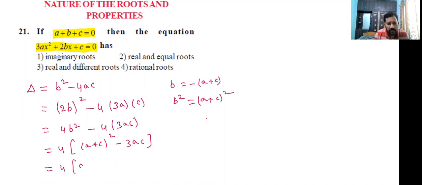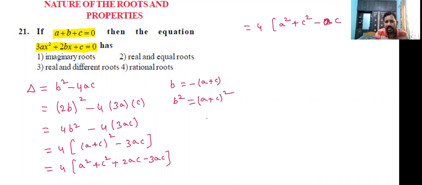See, a square plus c square plus 2ac minus 3ac. Okay, now 4 into a square plus c square plus 2ac minus 3ac, that is minus ac.